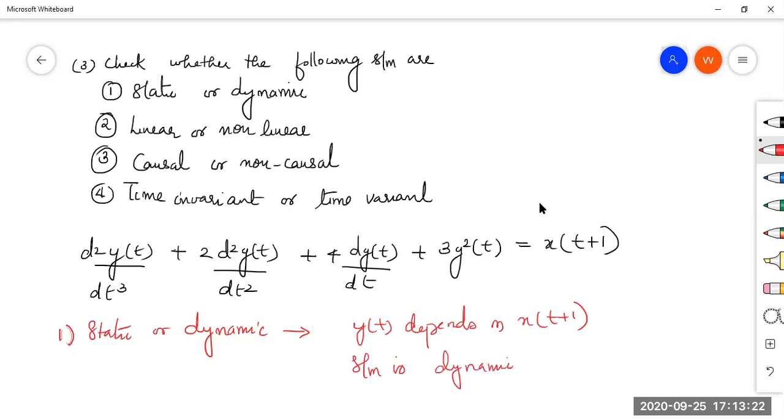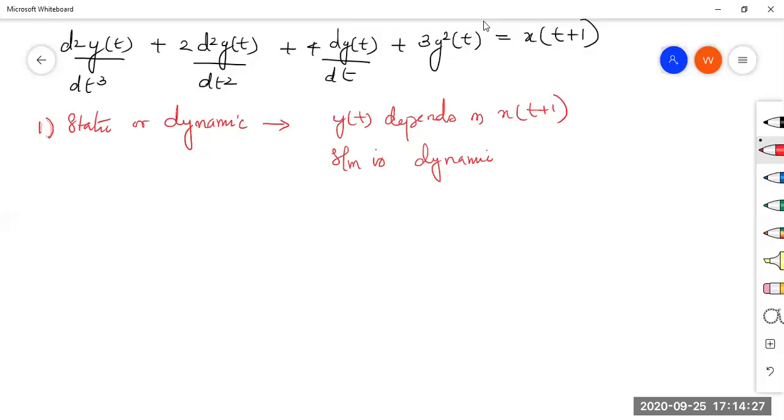Now the second one, linear or non-linear.